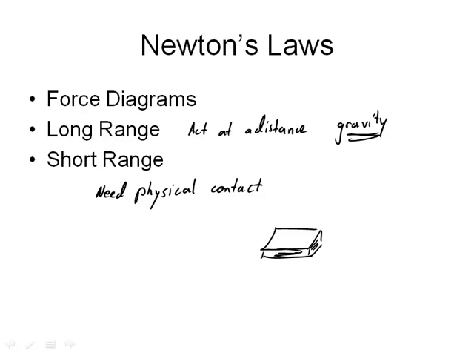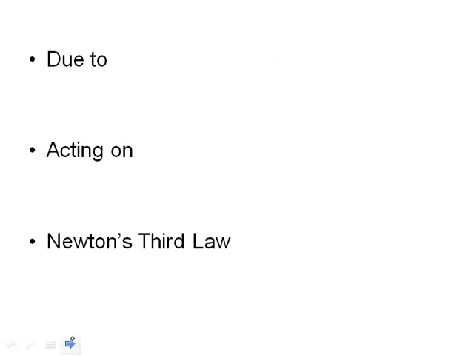So no other forces except for gravity, which is the only long-range force we're working with, can act on the book. It's got to have physical contact to be acting on it. So the trick to this, or the key, is that if the object isn't touching it, it is not exerting a force upon it.